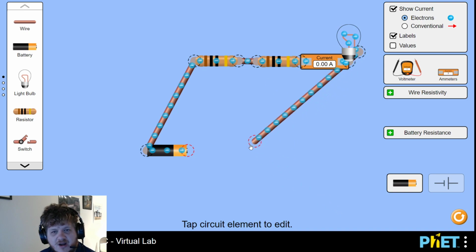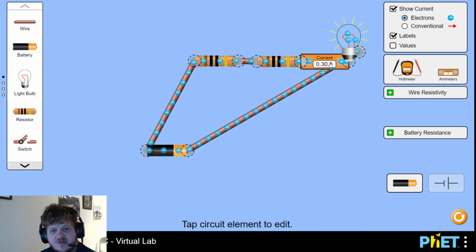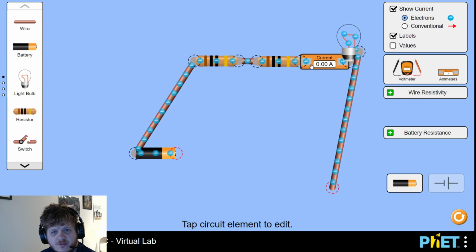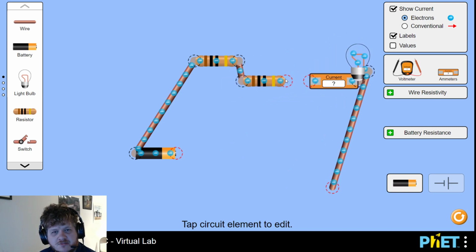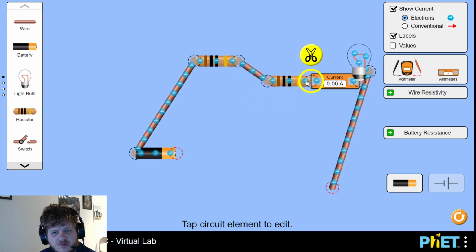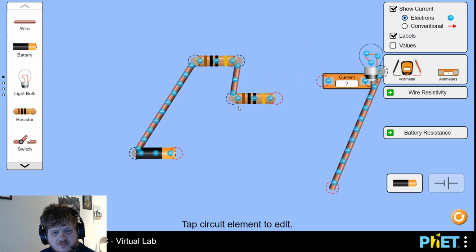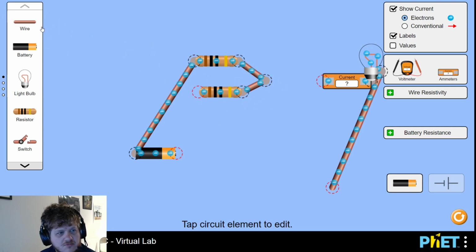So you have two resistors in series right now, and you connect it, you read the amperage, and you'd write that down, and then what you would do is you would rearrange your thing.